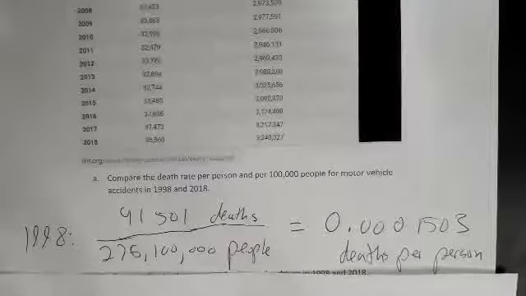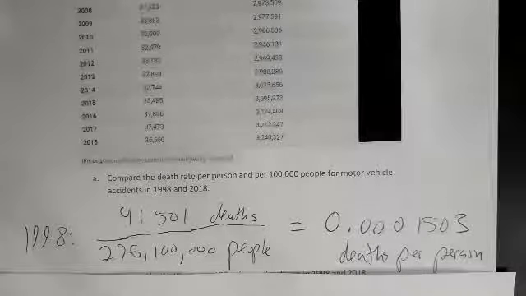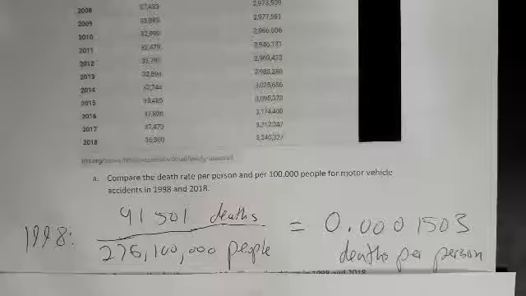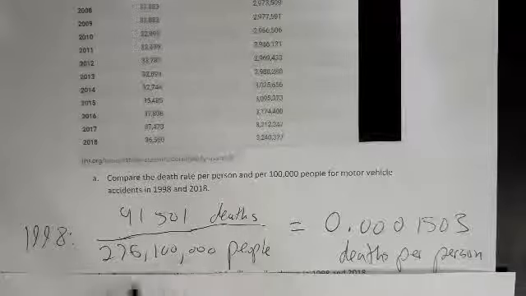How do we do deaths per 100,000 people? Times that number by 100,000. If we multiply this number by 100,000 is a good way to do it. If you divide the denominator by 100,000, you could also get it, right?